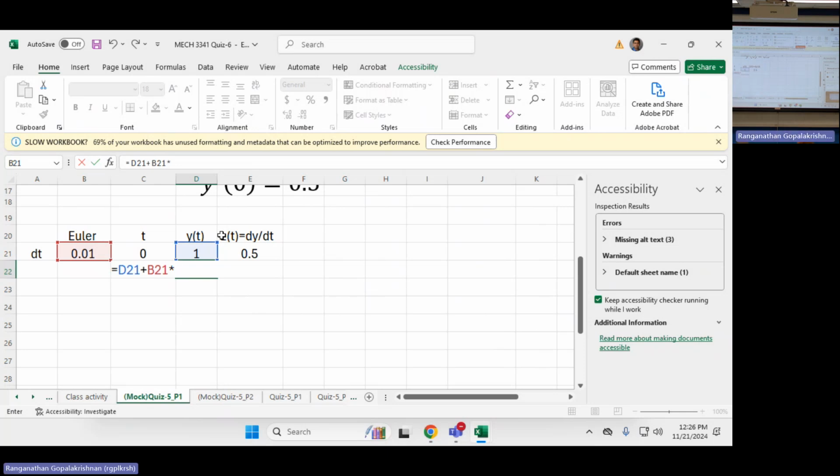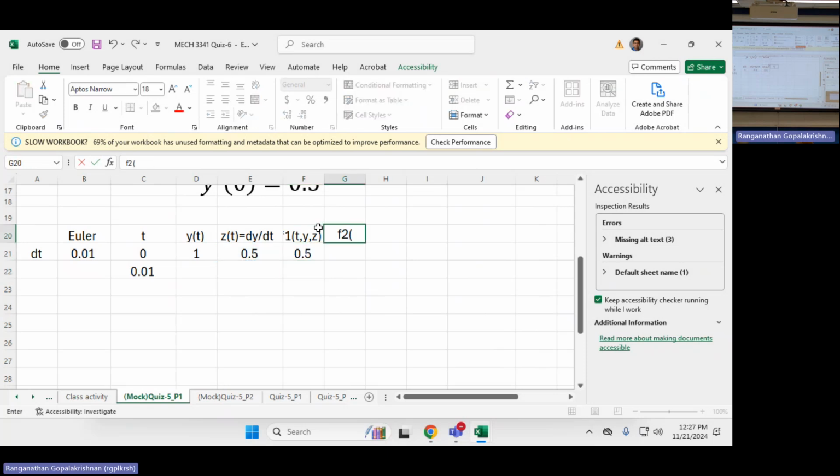Let me write it here. So f1 of t, y, z is what? What did you write in your notebook? That's just z, right? So I'll type that is just equal to z.